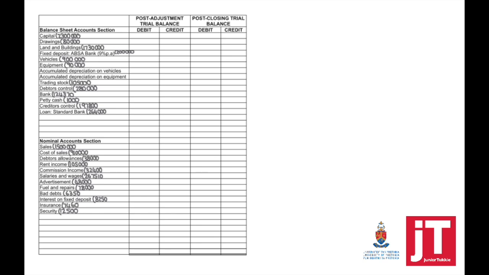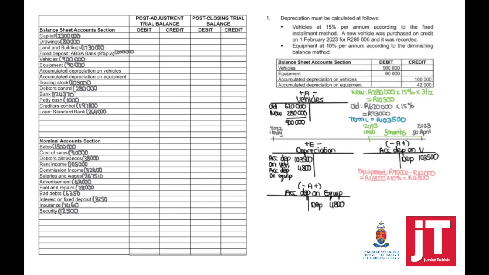Now, step number 2, we're going to look at all the adjustments. Now, we've already gone through the adjustments, so I'm only going to look at the T account so that you can see what am I supposed to be doing. If we look at the vehicles, do not add the 280,000. It says a new vehicle was purchased and it has been recorded.